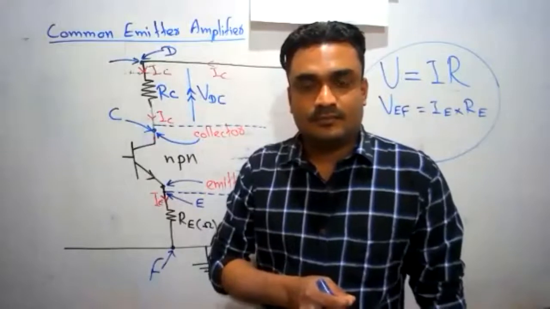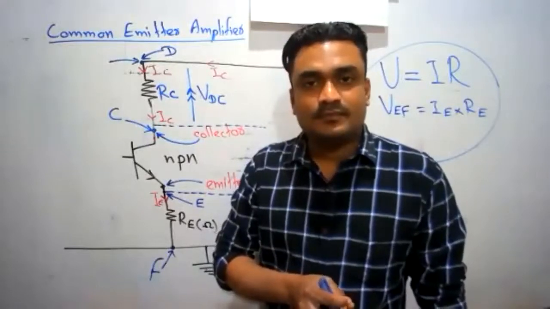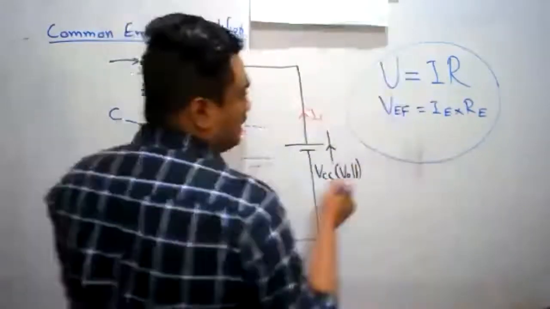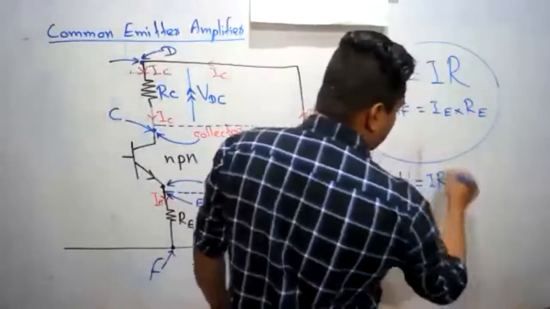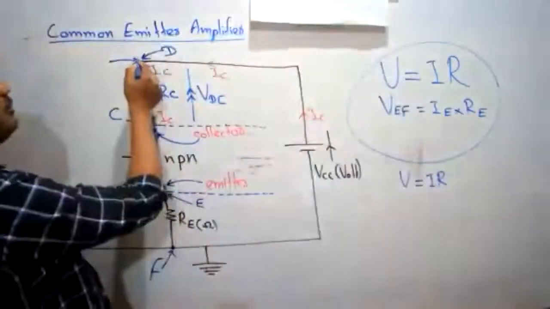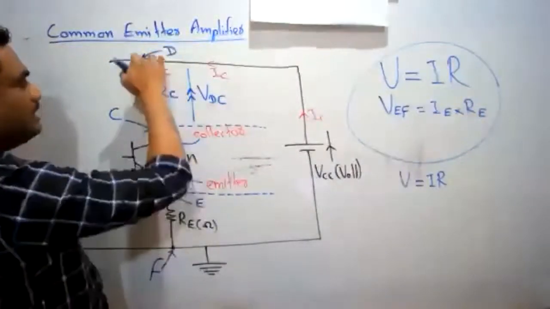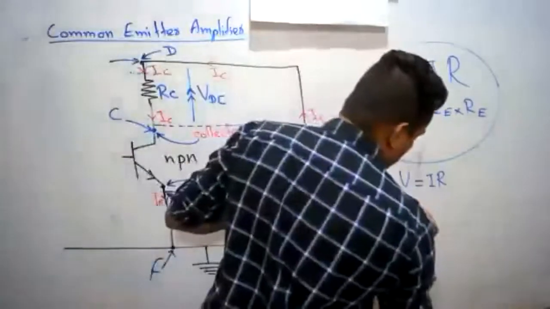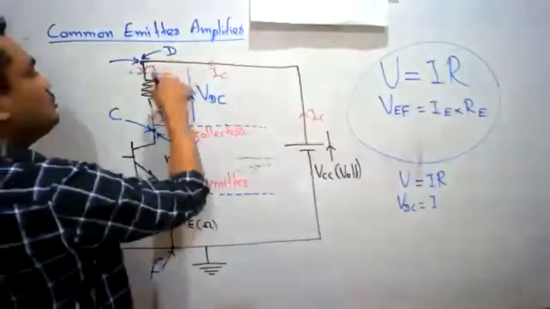Ohm's law, sir. So again, I can write V equals IR. Therefore, the potential difference between the points D and C is VDC equals IC into RC.